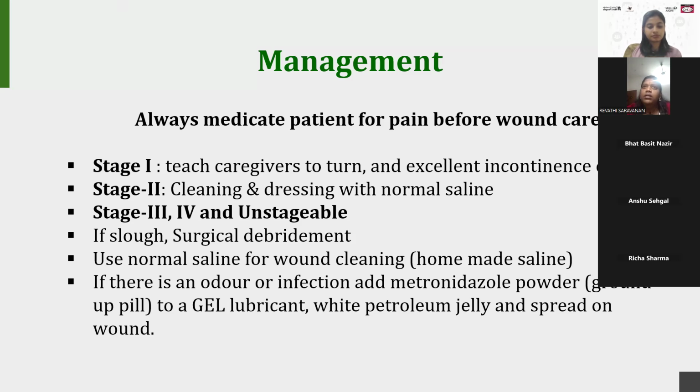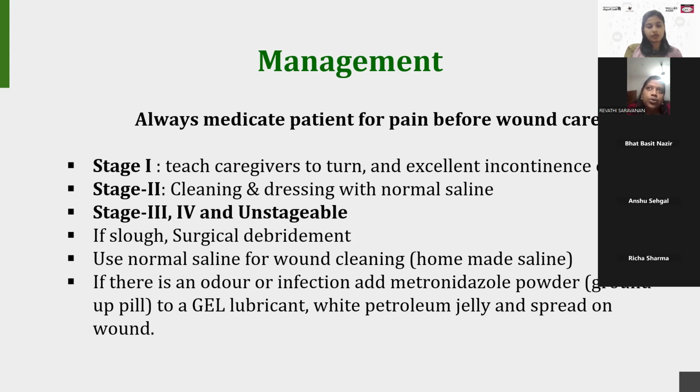Then again, we are giving education to the caretakers. Okay. In stage 3, stage 4, and unstageable conditions, there is slough, meaning we have seen the black tissue and some white discharge on the wound, no? So that should be removed by surgical debridement.